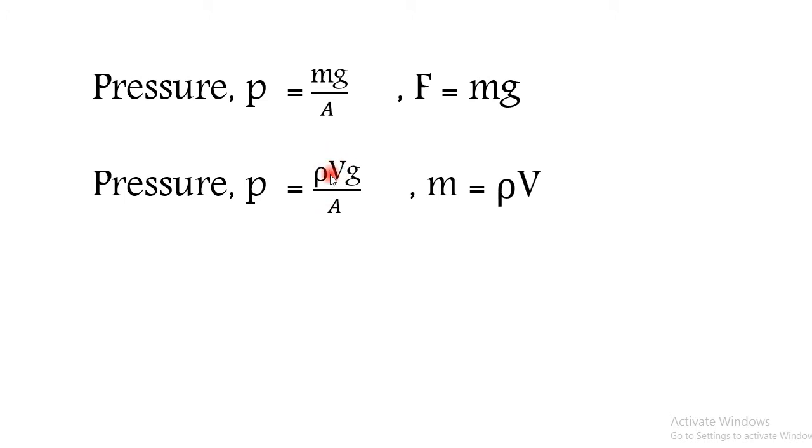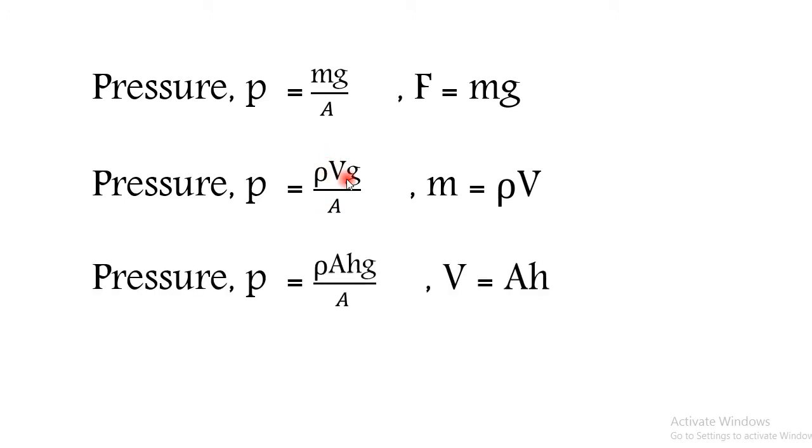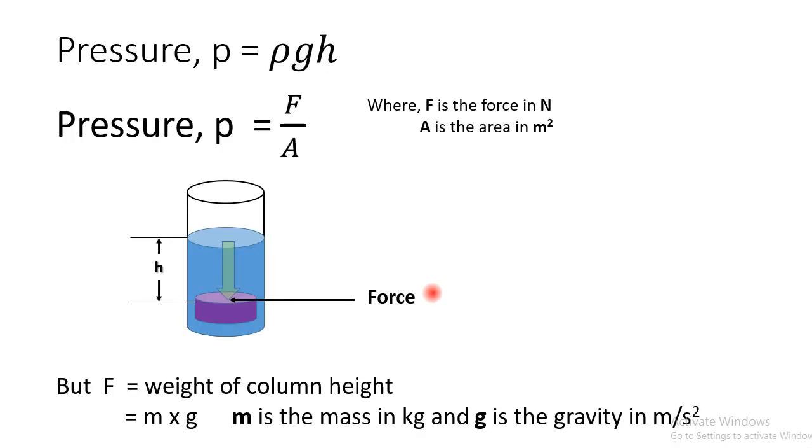But then we can also eliminate this V, because we know that the volume is the area of the base times the height of the column. If we go back to the slide, when we want to determine the volume of water above this coin, it is going to be the surface area of this coin times the column of the water up to the top, which is h.